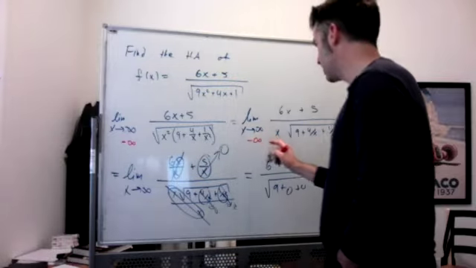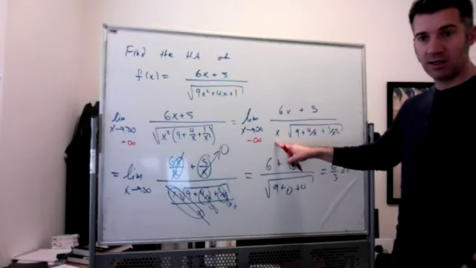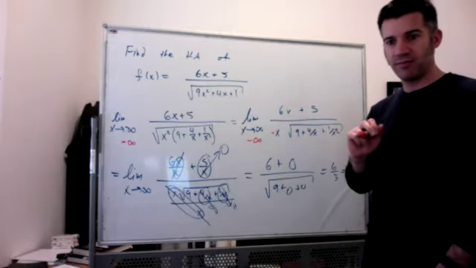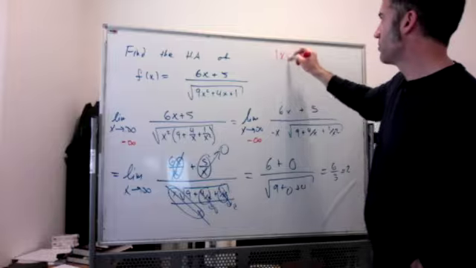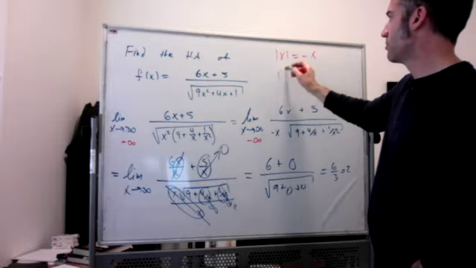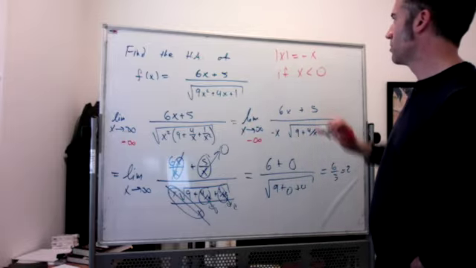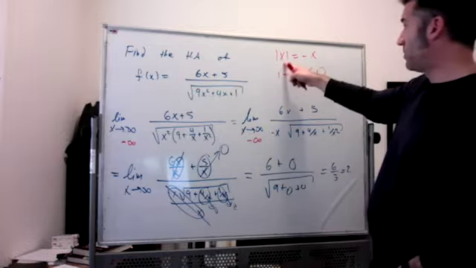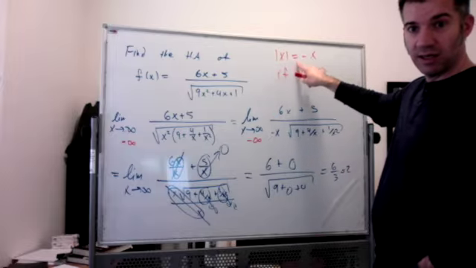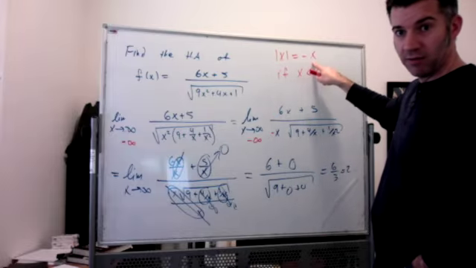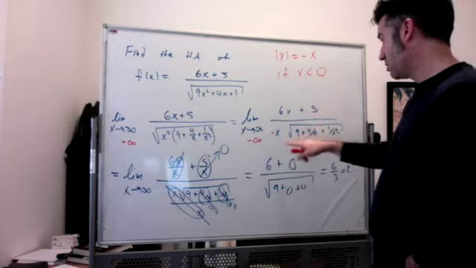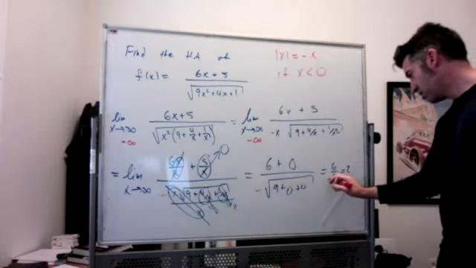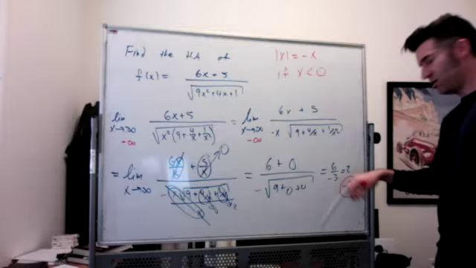The only difference is instead of x, now the absolute value of x is minus x. Right? If x is, say, negative 72, the absolute value of negative 72 is 72. So here, you get the opposite sign.